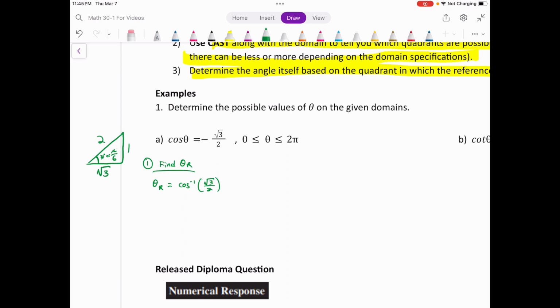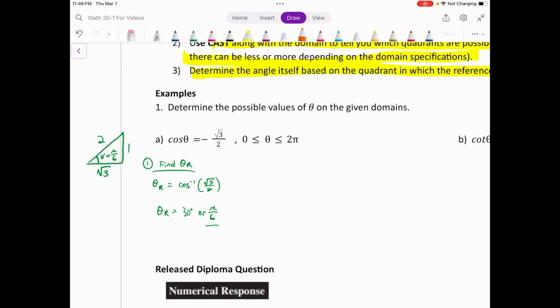Okay, so the reference angle is the inverse cos of root 3 over 2. From our special triangle, we know that that means our reference angle is 30 degrees, or, I guess we're working in radians here, it's pi over 6 radians. Okay, notice we're putting the process in reverse. Starting from the ratio, what special triangle would have that ratio for one of its angles? Now we know the reference angle is pi over 6.